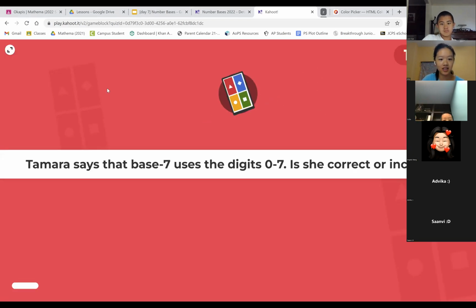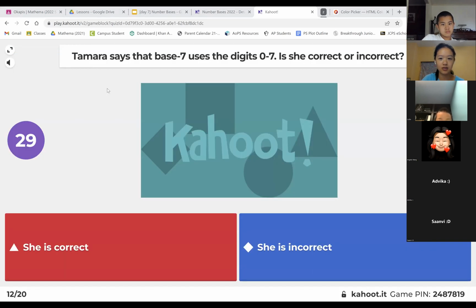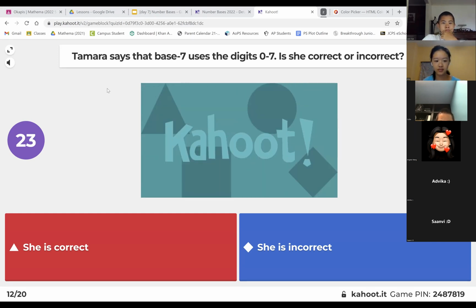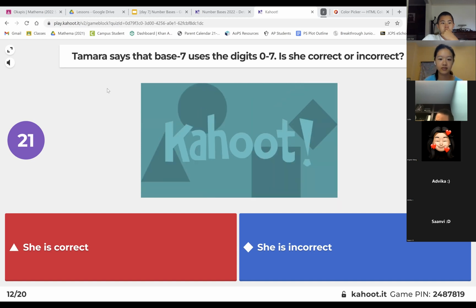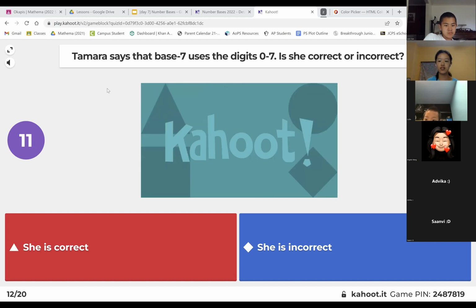Okay, Tamara says that base 7 uses the digits 0 through 7. Is she correct or incorrect? What does it mean by use the digits 0 through 7?